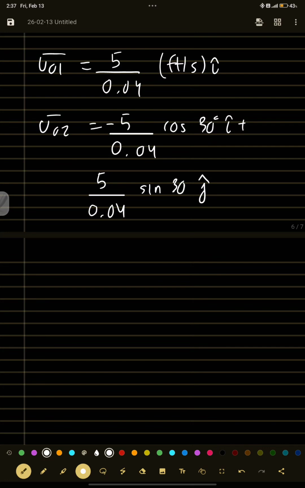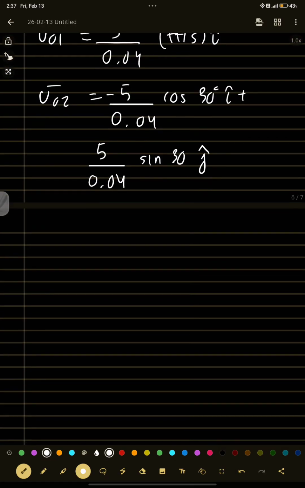How much are you getting U naught 1? 125. How much is U naught 2? Minus 125. Sin 30 is half.